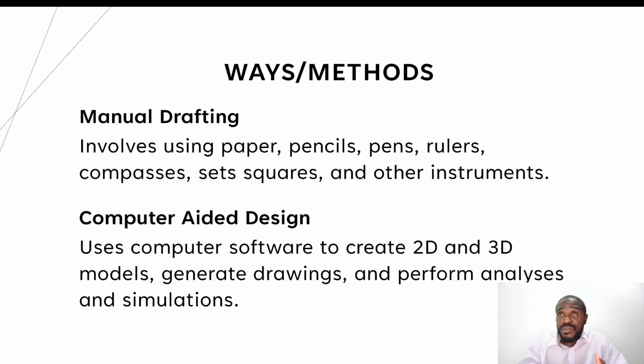We use the software to create 2D profiles and 3D models, and then many times generate working drawings from those models. We could also take the solid three-dimensional models and perform analysis and simulations on them to observe how they may behave in real life, given certain loads, boundary conditions and constraints.